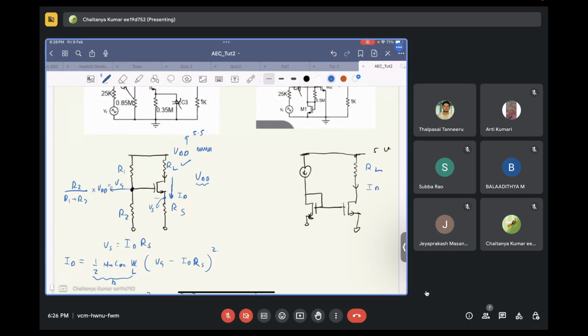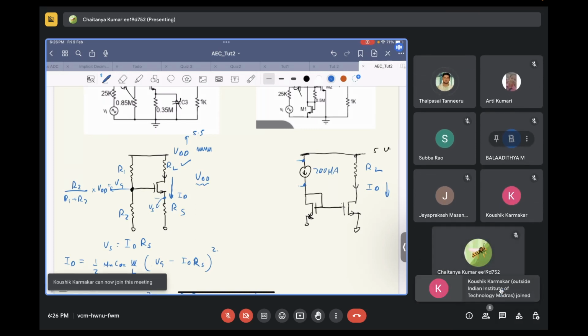Now let's see what happens here. If ID is 200 microampere, the same current value will be reflected over here. Now, this current source is ideal, or in practice we make sure that it behaves close to ideal.